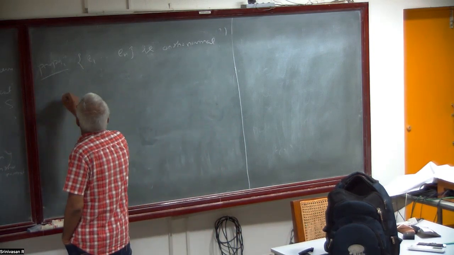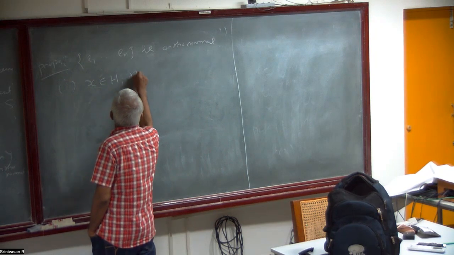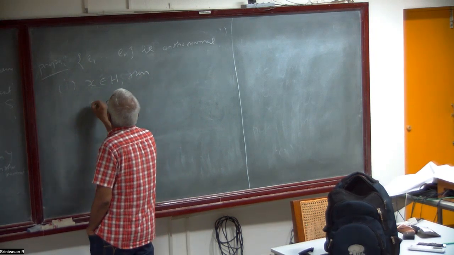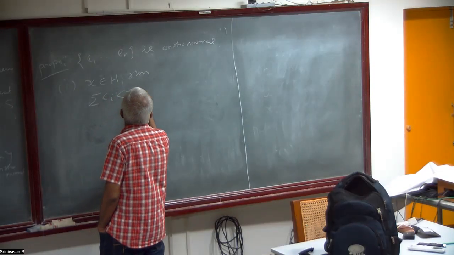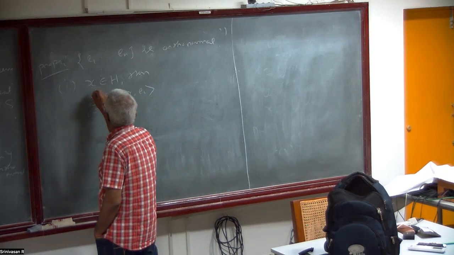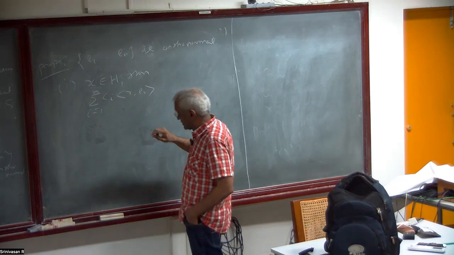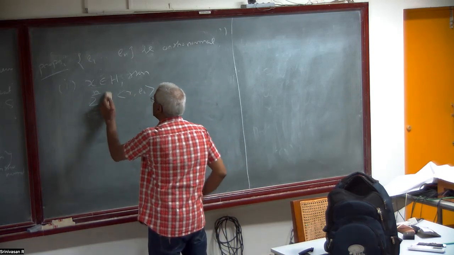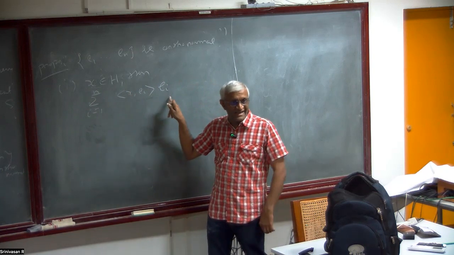What I want to say is the following: 1, X is in H. Then the summation of (X, Ei) Ei, i equal to 1 to n. You take this. This (X, Ei) is a number, a complex number.